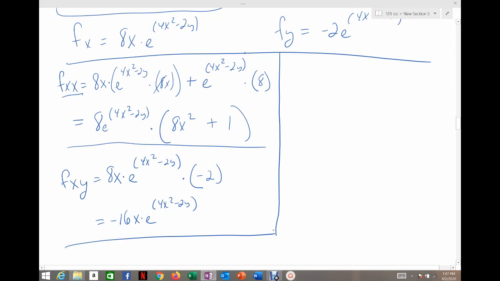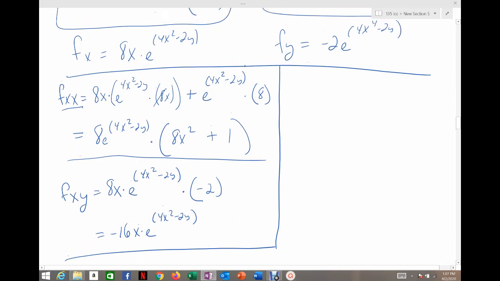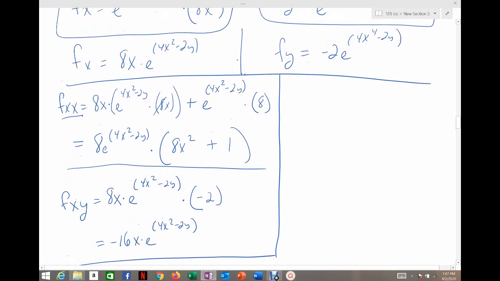Two more derivatives to go. So I'm done with my derivative with respect to x. Now I'm looking here with my derivative with respect to y and taking the derivative with respect to y twice, and then the mixed derivative y then x. This one's a little simpler since negative 2 is just a constant. It's going to come along.